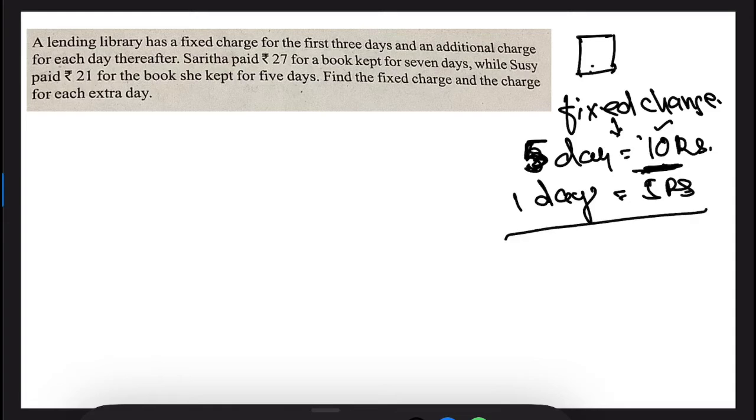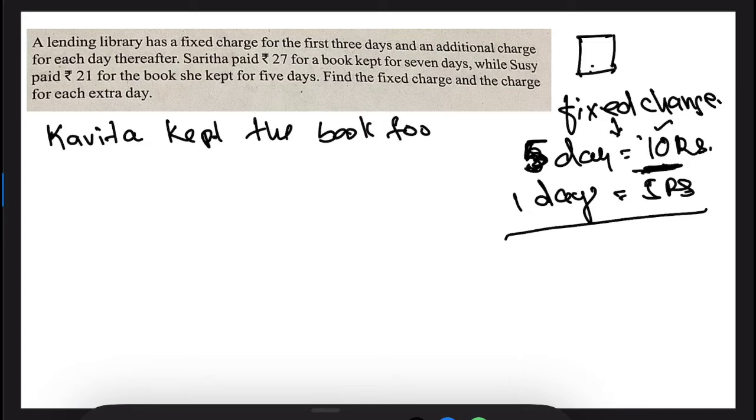So these two kids have gone, and one will keep the book. Let's say Kavita kept the book for 8 days. How much will she pay?